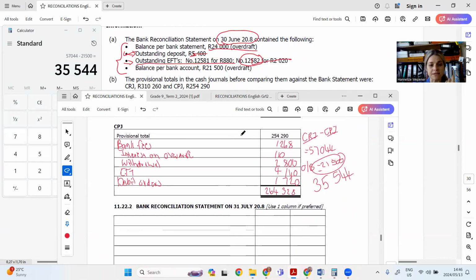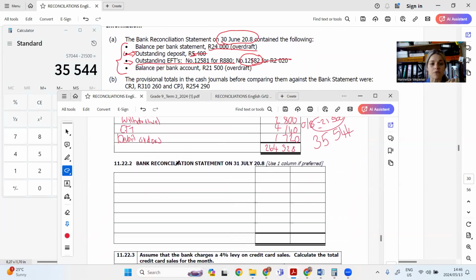If not, it means that once we have done our bank reconciliation statement, the balancing figure will be your balance as per bank statement. Remember, bank statement is your external confirmation, and then your books is your balance as per bank account.